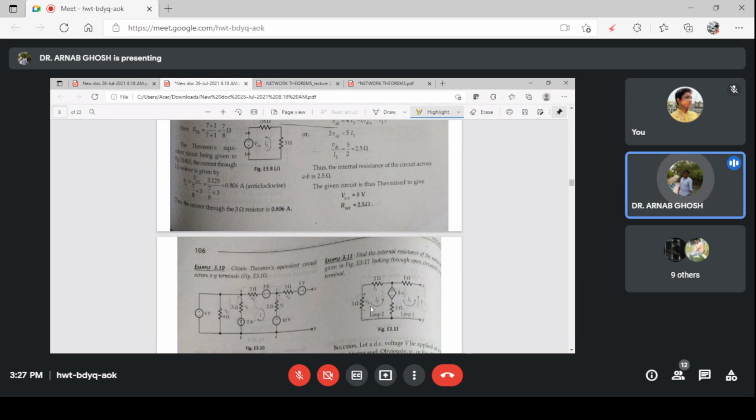VL is the voltage developed across the 3 ohm resistance. You then find the internal resistance by dividing the open circuit voltage by the short circuit current.